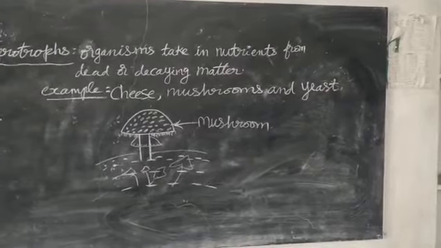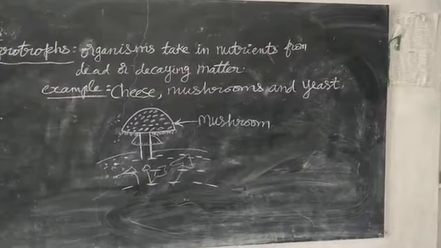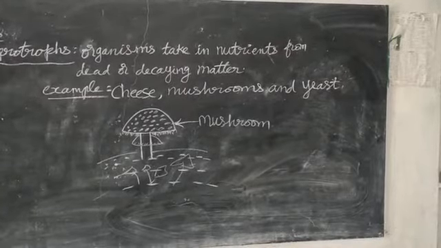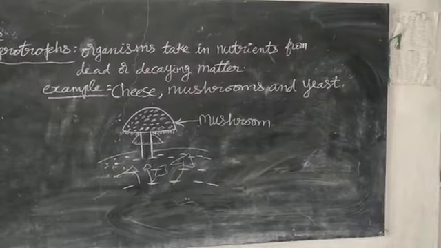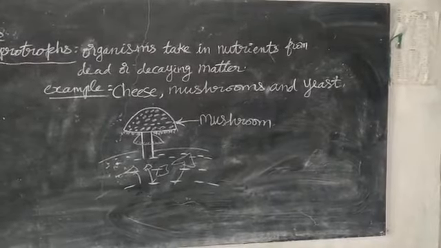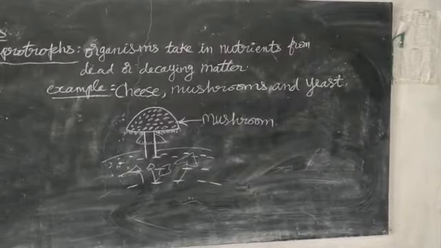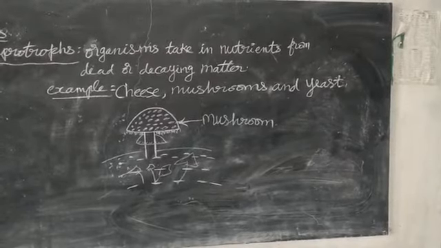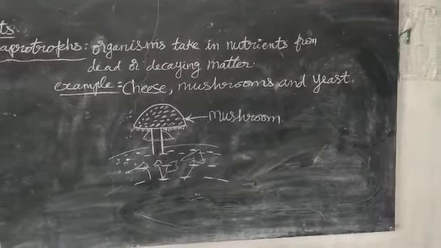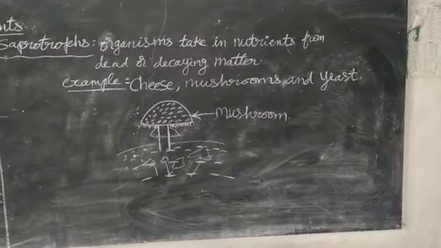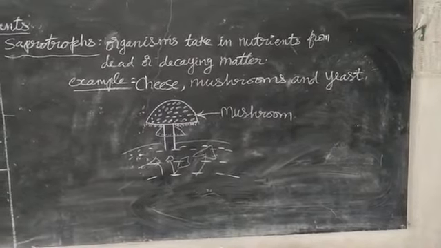And yeast. Yeast is also a fungus. It is used as an ingredient in cake. In bakeries you can see yeast. For preparing cakes and breads, this saprotroph, that is yeast, is used. So in the picture below, I have shown a small picture about mushroom. It is like an umbrella.